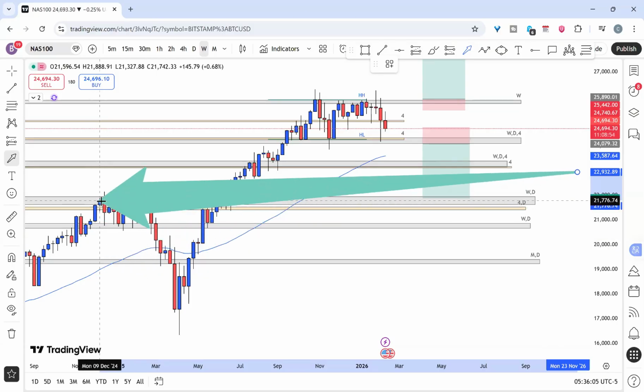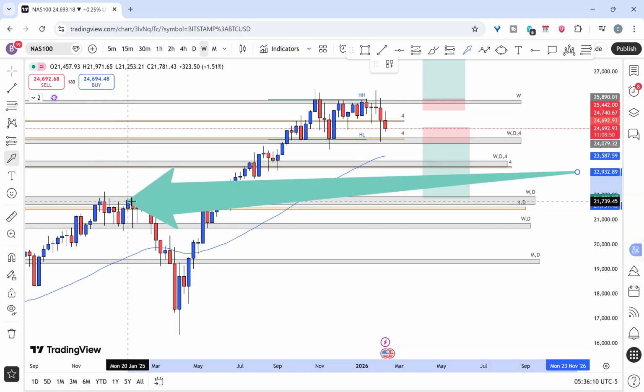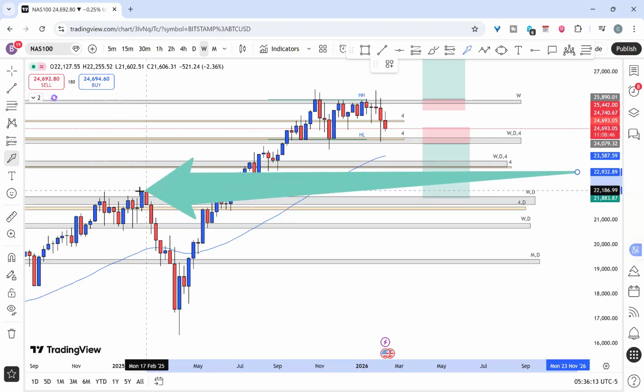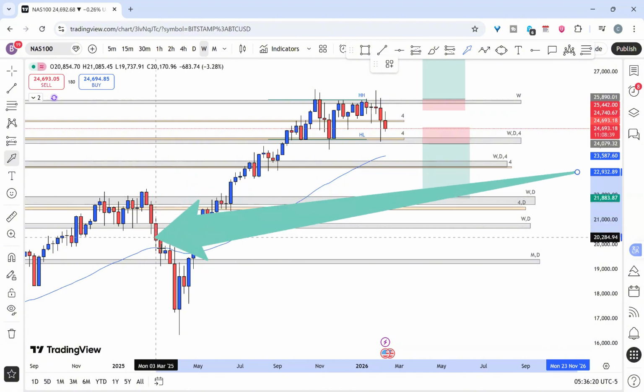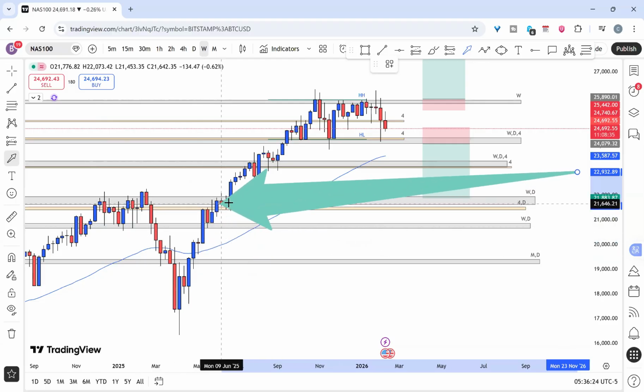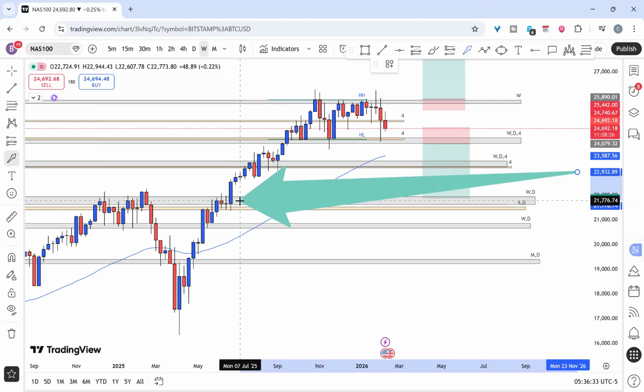It came back up, went back down, came back up at the same level, refused, wanted to push down, and this is probably a fake out, or a liquidity grab. It came back down really hard, and then after that, it came back up to the same level. It did hover around for 2 weeks because we see two dojis, and then it pushed back up. So this one is a strong weekly and daily support level.